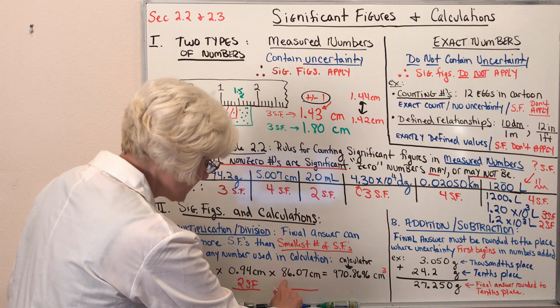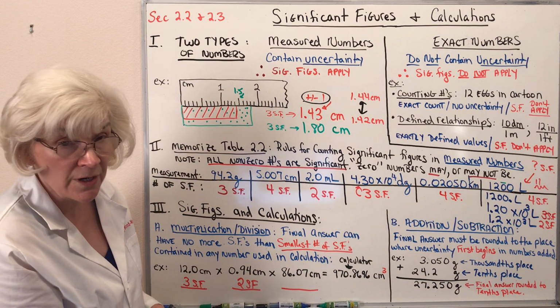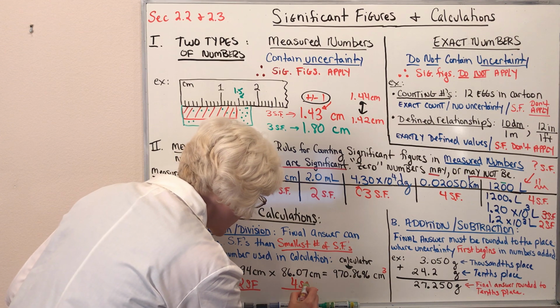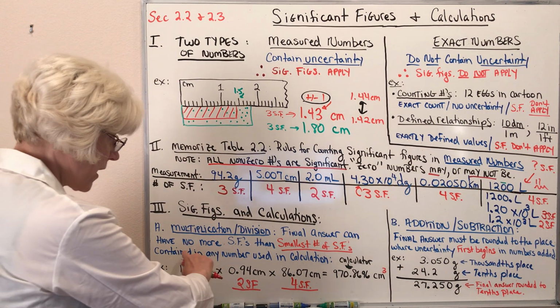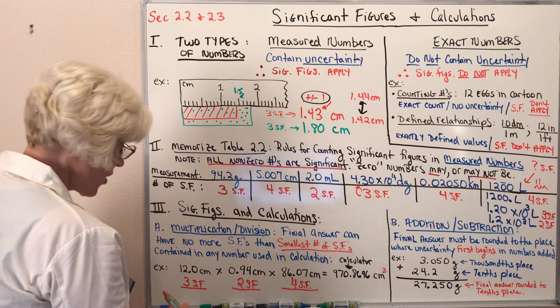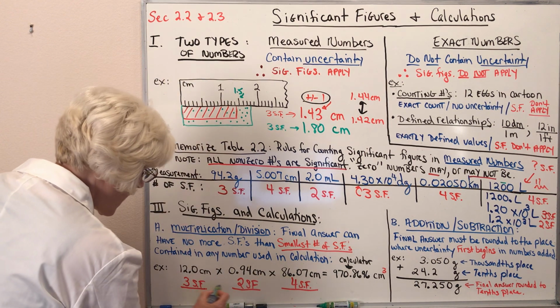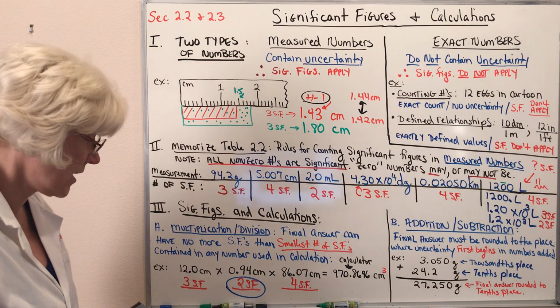Last measurement, this 0 falling between 2 non-zero numbers is significant, so this last measurement has 4 sig figs. Therefore, according to the principle, our final answer can have no more significant figures than the smallest number of sig figs in any number used in the calculation.